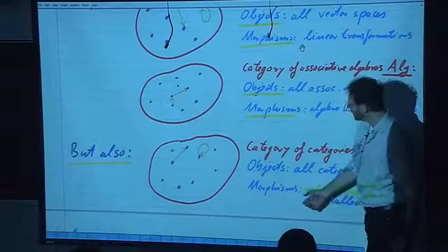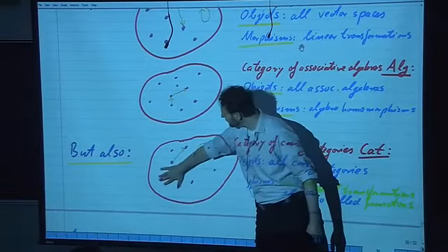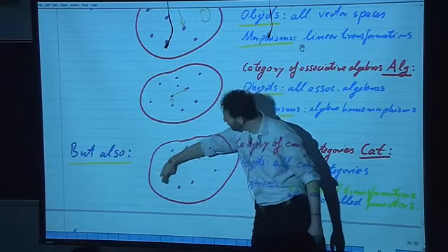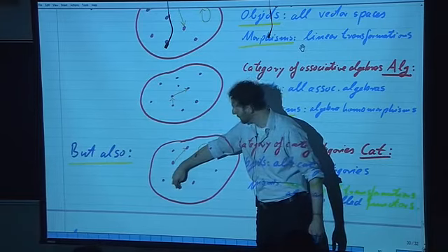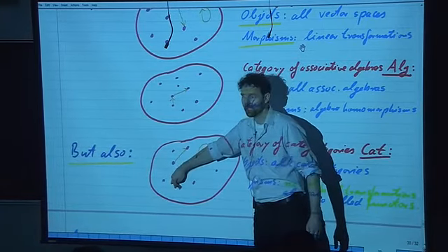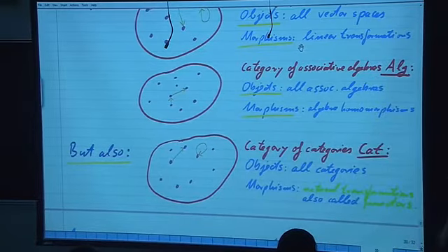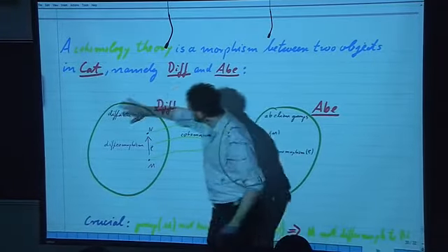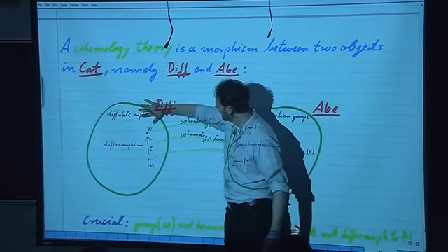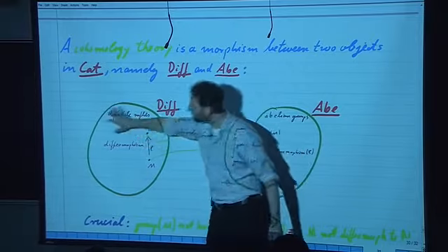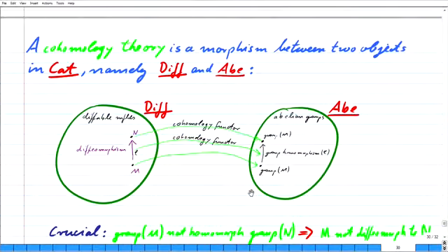And then there may be an arrow between them. There may be several arrows between them from the category of differentiable manifolds to the category of abelian groups. Each one of those arrows is a cohomology theory. So here's the picture. Here's the category, let's call it diff, of the differentiable manifolds. Here I plotted two of its objects. There will be many more objects, of course, but I plotted just two of them.